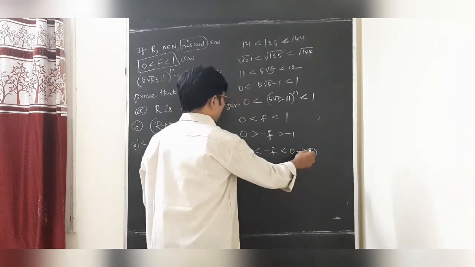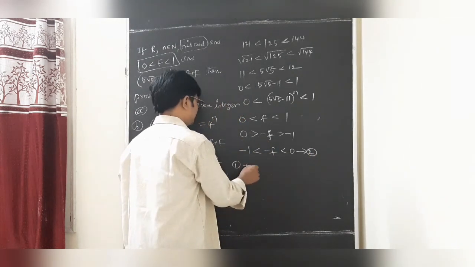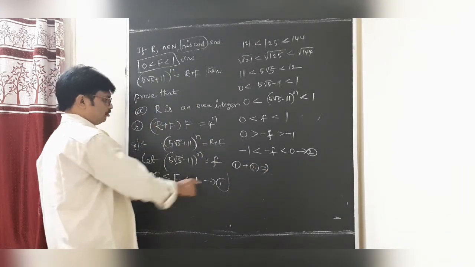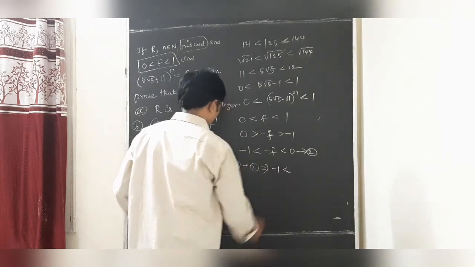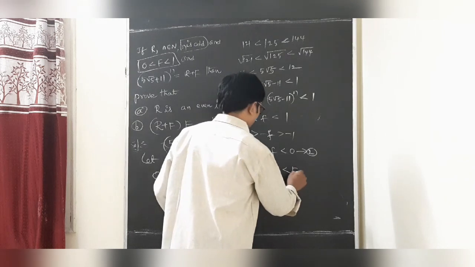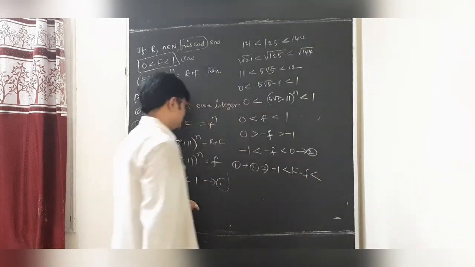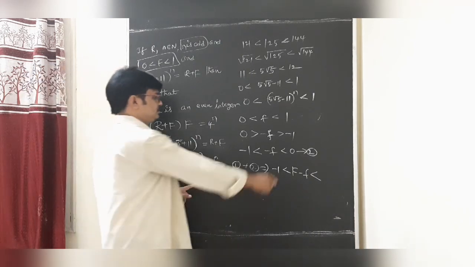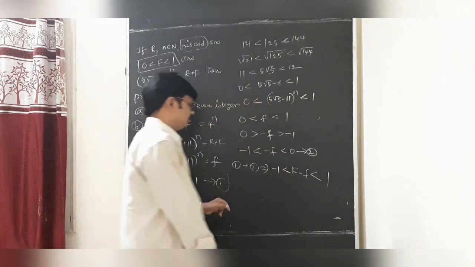So students, when we are taking the 1 plus 2, that implies minus 1 less than capital F, here minus small f is there. We can write it as capital F minus small f. After that students, this is 1, this is 0, 1 plus 0 is the 1.